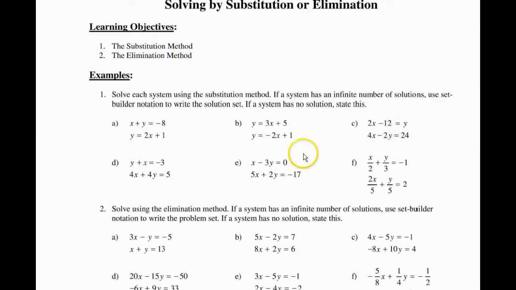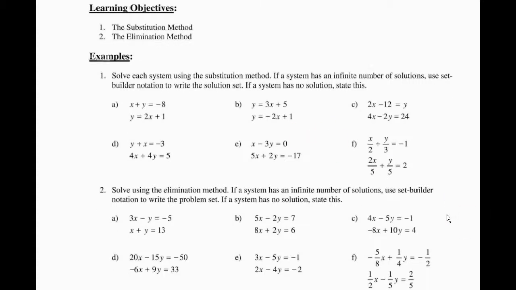Okay, we're now going to do elimination, and I'm going to raise it up just a little bit here, because I need to have the room up here so that I could write these out. When we do elimination, now we could do substitution for this one, but they're asking us to do elimination.